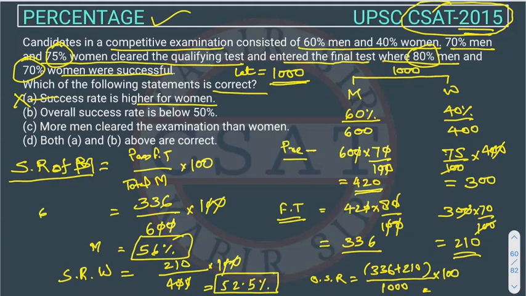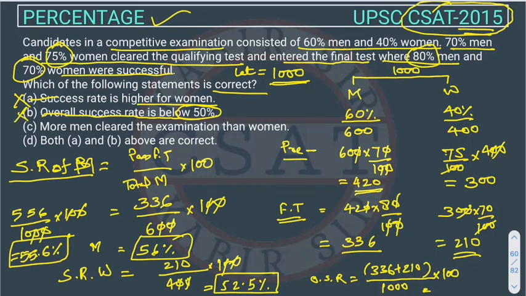We have to add this, right? 1000 into 100. So these 20 will cancel these 20. So it will be 55.6. 55.6% is what? The total success rate, right? So the overall success rate is below. It's not below. So this is also wrong.